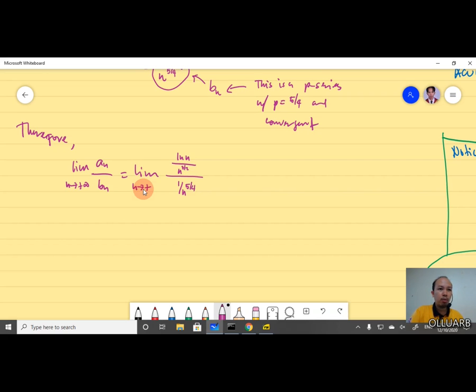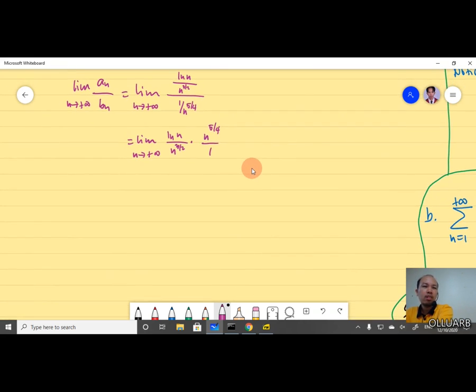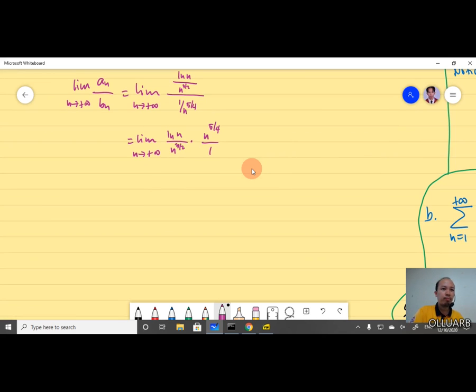Simplify further: ln of n times n to the 5/4 over n to the 3/2.